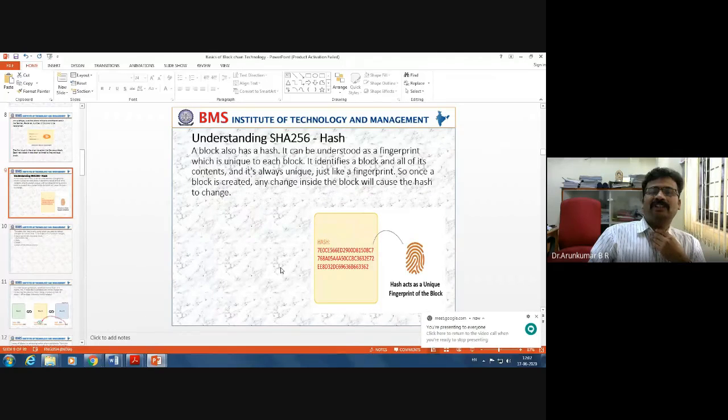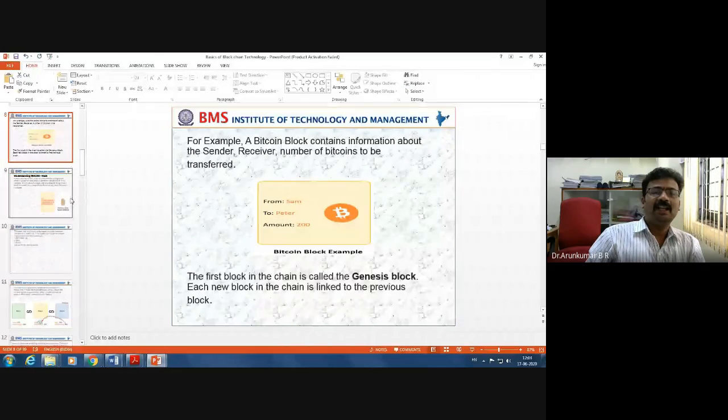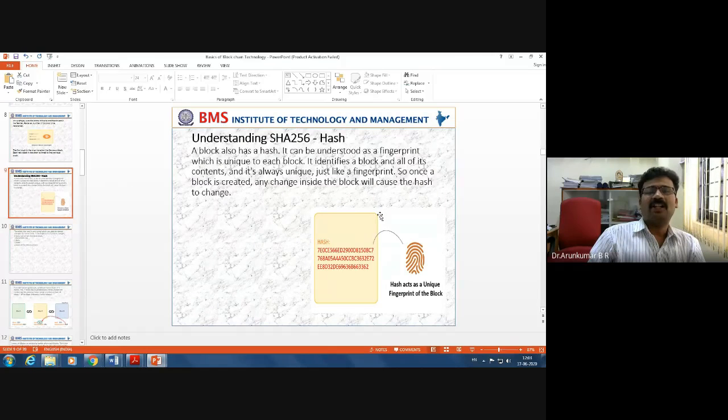Understanding SHA-256 hash. This is a hash value generated for a block. If the Bitcoin blockchain consists of sender details, receiver details, and the number of bitcoins to be transferred, for example, this information is the input for the hash algorithm, say SHA-256, and a hash is generated like this.